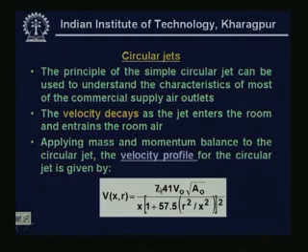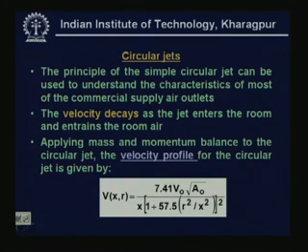Let us look at circular jets. The principle of the simple circular jet can be used to understand the characteristics of most of the commercial supply air outlets. That is why we study this, because it is simpler to analyze, and it also has application. As I have already mentioned, the velocity decays as the jet enters the room and entrains the room air.